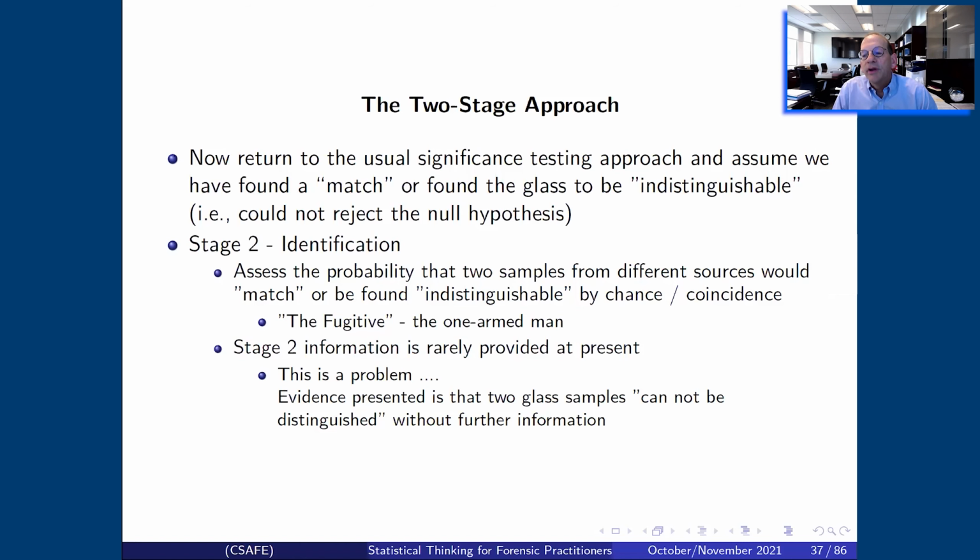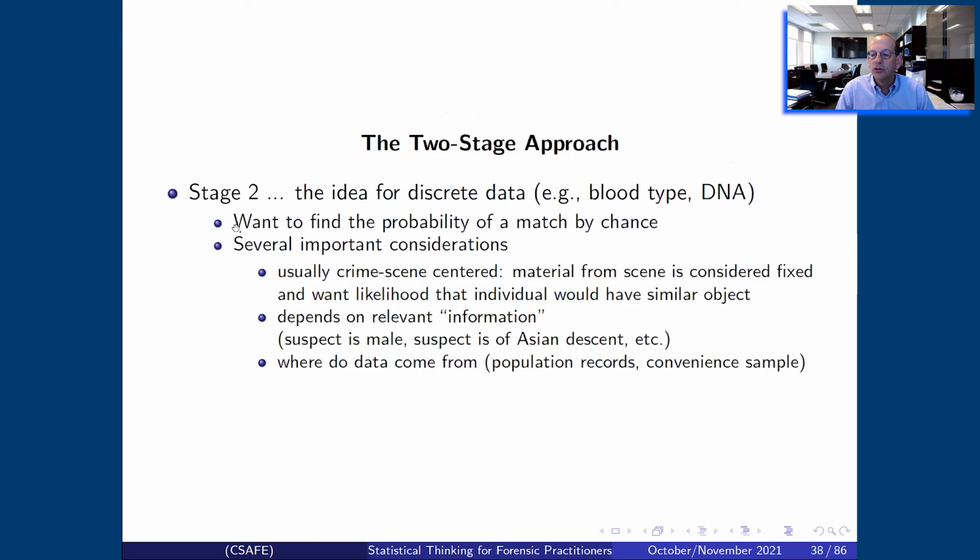So stage 2 information, unfortunately, for example, there is a standard for how one measures glass and determines whether two samples are indistinguishable, but it stops at that point, and it doesn't suggest the need for a stage 2, and that's always bothered me a little bit. So let's talk a little bit about stage 2.